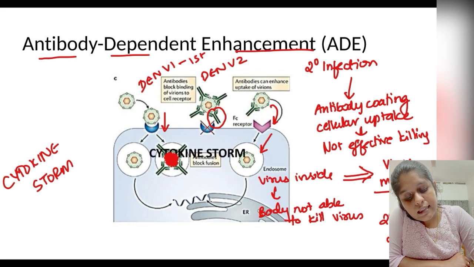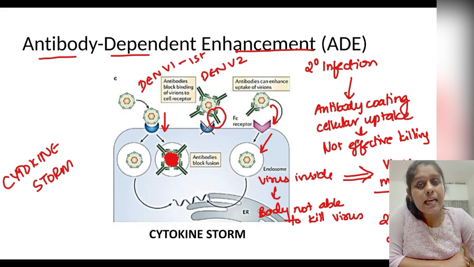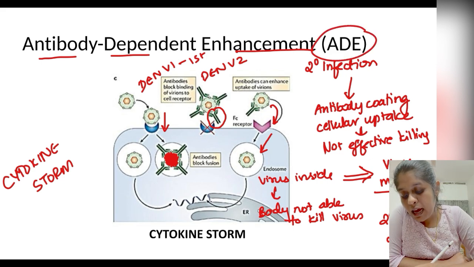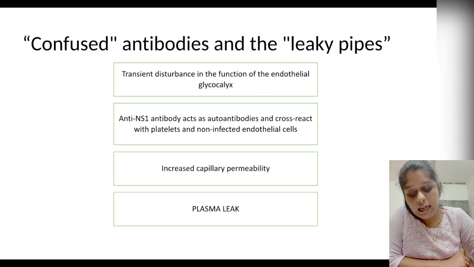Because of this, there will be a cytokine storm. So this is the major pathogenesis in a secondary dengue infection, which is called antibody dependent enhancement. You all have to remember this term, antibody dependent enhancement. So cytokine storm is the pathogenesis in secondary dengue infection.